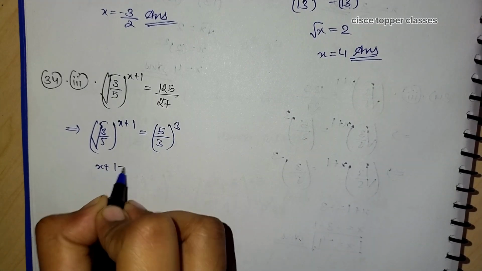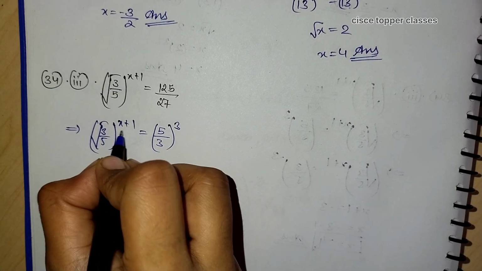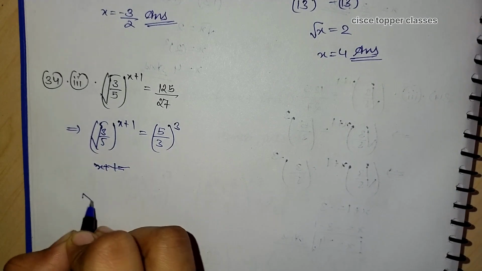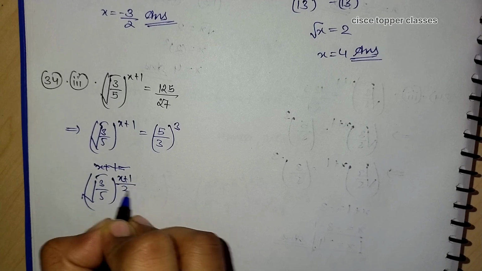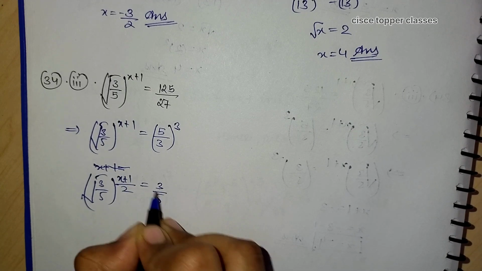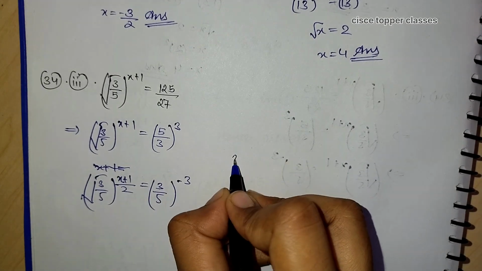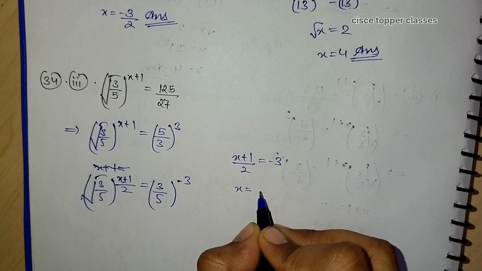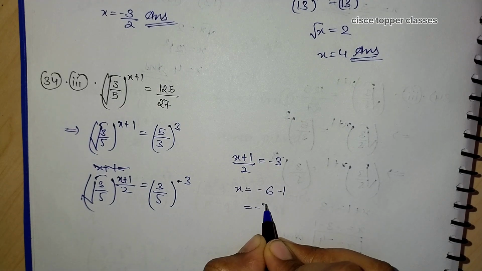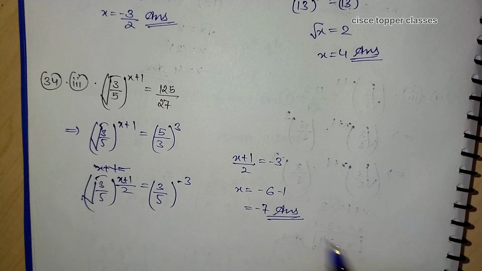So x plus 1 is equal to here it is 1 by 2, so we can write it as (3 by 5)^((x+1)/2) equal to (3 by 5)^-3. On comparing, x plus 1 equal to minus 3, we get x as minus 3 minus 1, which is minus 7, the final answer here in this question.